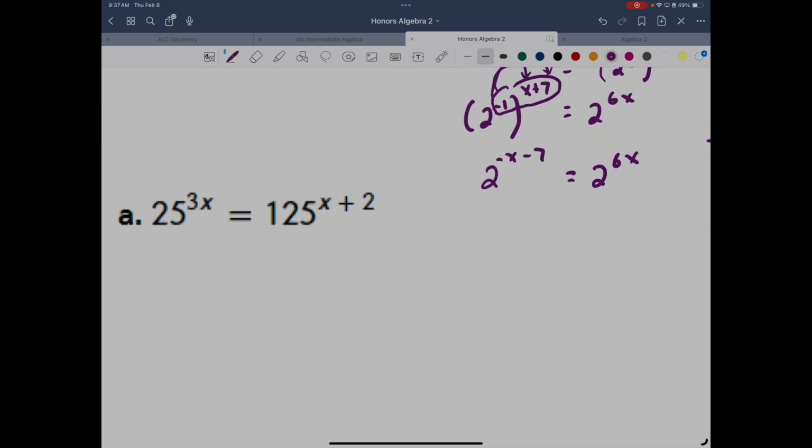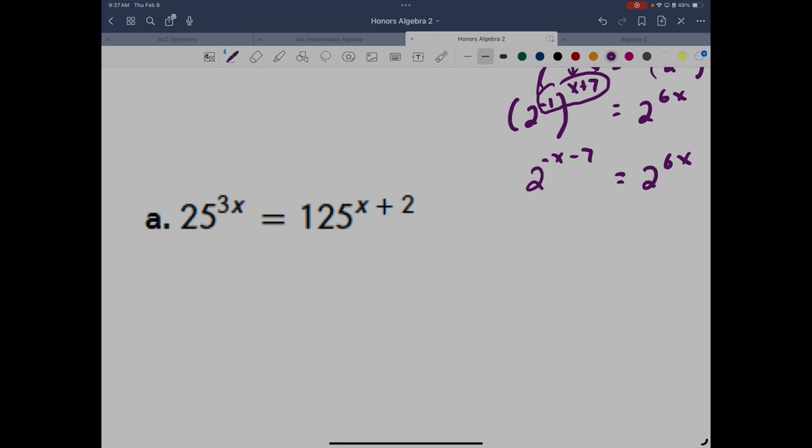Okay, so let's look at the second one. Let's look at 25 to the 3x is equal to 125 to the x plus 2.